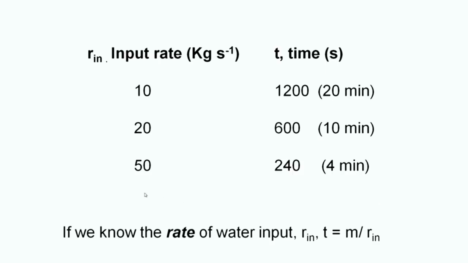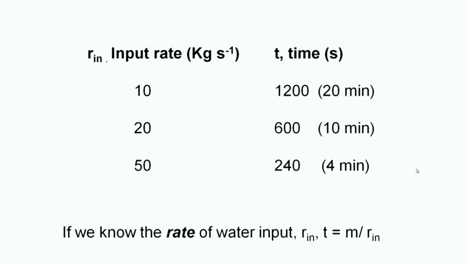How did we get at this? If we know the rate of water input, the time is nothing but the mass divided by the rate. For example, 12,000 kilogram by 10 kilogram per second gives you 1200 seconds, which is 20 minutes, and so on.